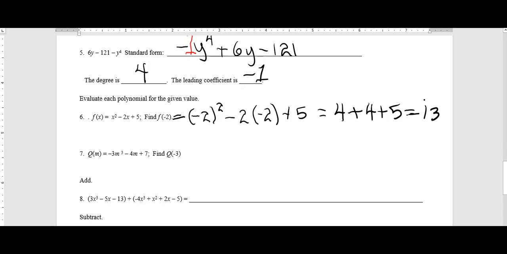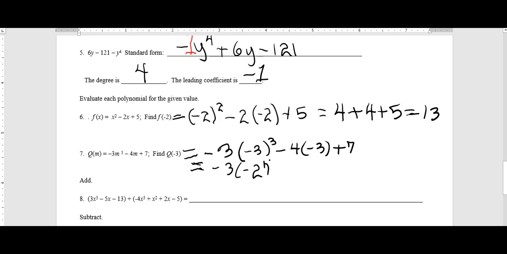Following the order of operations, I get 4 plus 4 plus 5, which equals 13. Now I want to evaluate Q when M is replaced with -3. So I replace all of the M's with -3 and use the order of operations.